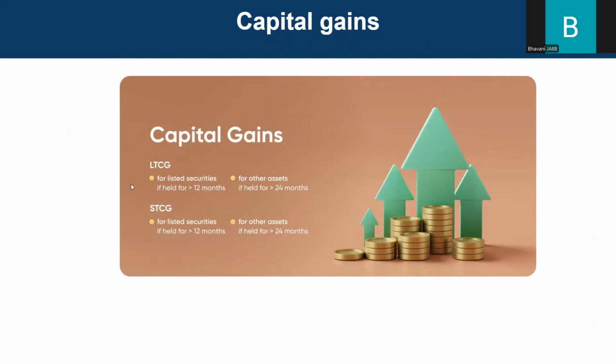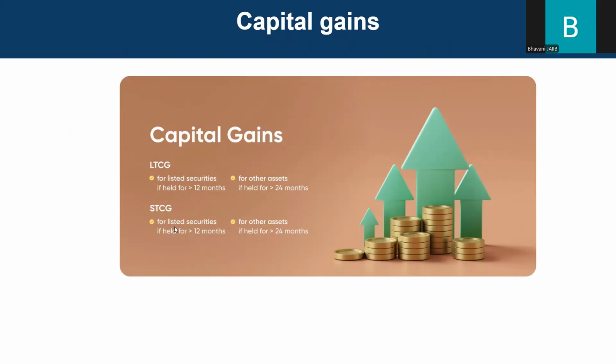Here we are mainly looking at two things. One is the LTGC and the other one is the STGC. LTGC is long term capital gain. If you hold the asset for more than a certain period, for example, you are selling land after 2 years, that comes under the long-term capital gain.